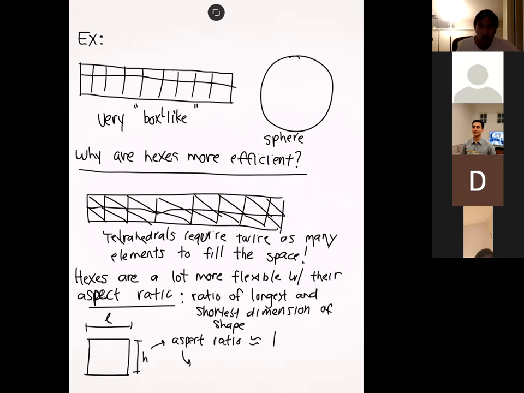One way to say it is that good quality elements have an aspect ratio of about 1. That tells you that all of your elements have roughly the same size, roughly the same shape, and none of the elements are really getting distorted.